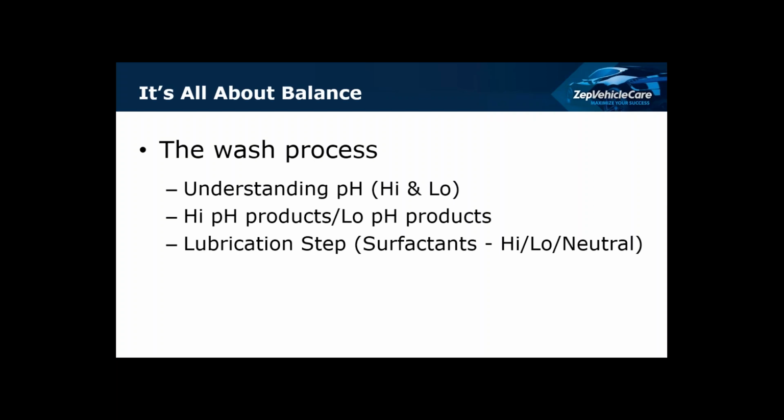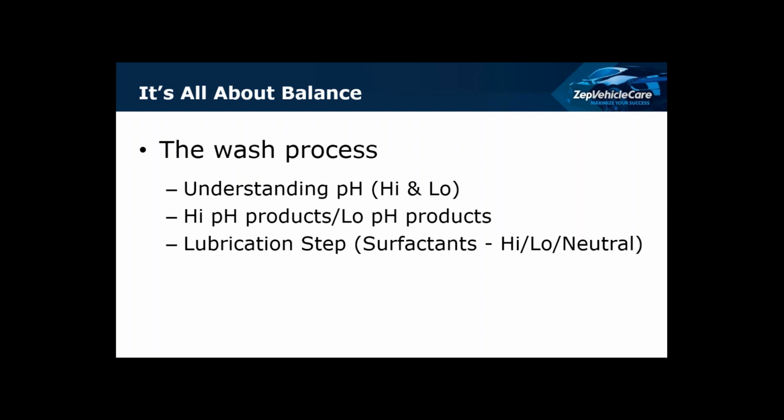And then the third thing we'll look at is the lubrication step, or the lube soap. Lube soap is really surfactant, and there's several different types of surfactants. The surfactant that is used depends on whether or not you're going to get the optimum car wash.